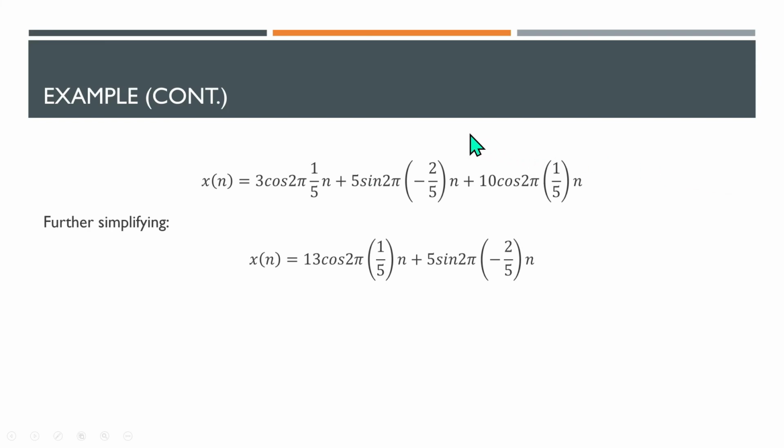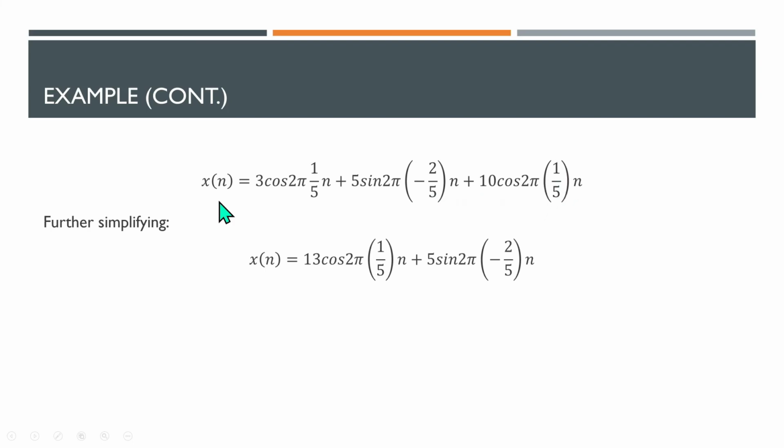After simplifying the second and the third terms, we can now substitute it to our x of n. So x of n now is equal to 3 times cosine of 2 pi 1 over 5n plus 5 times sine 2 pi times negative 2 over 5n plus 10 times cosine 2 pi 1 over 5n.